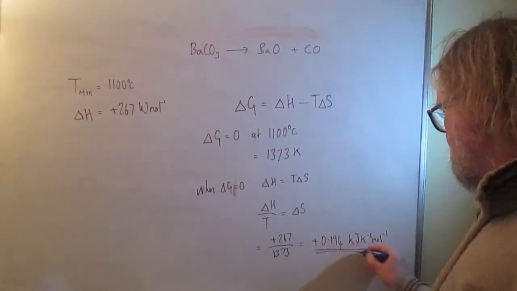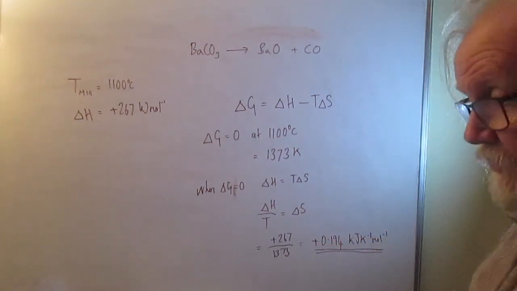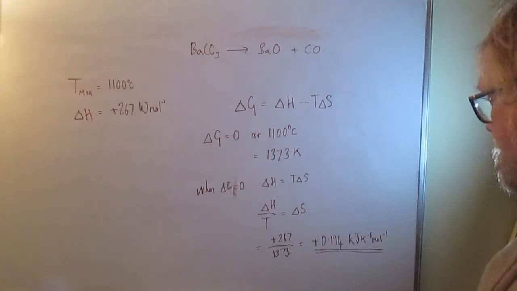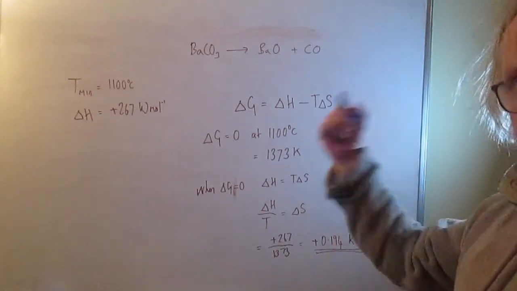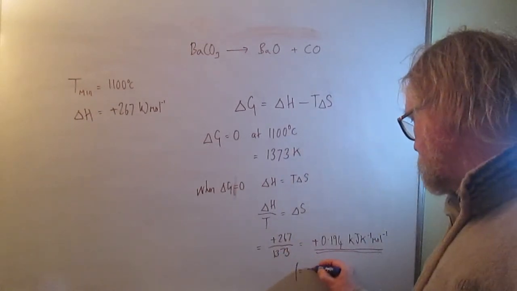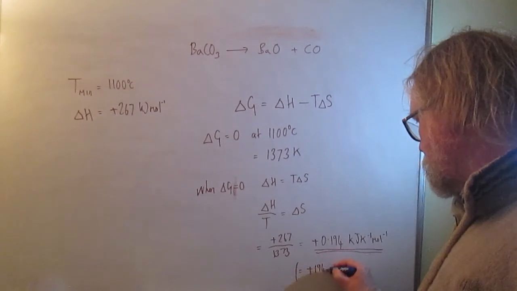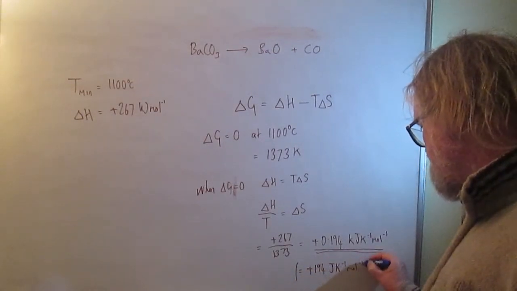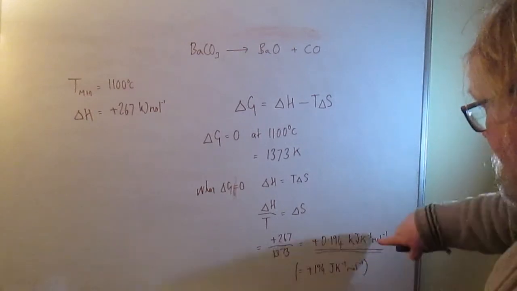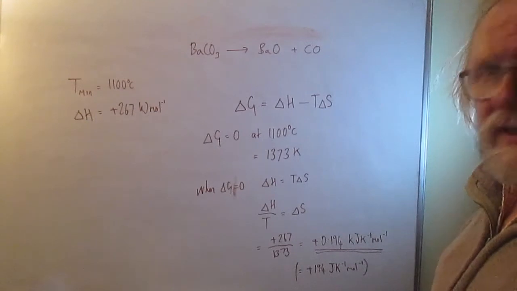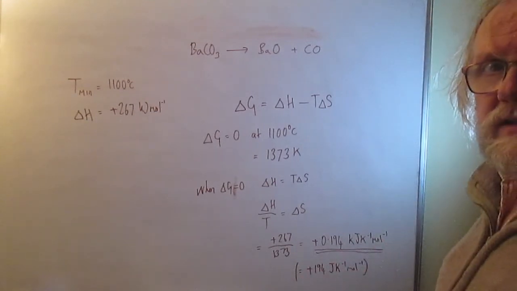So we can leave it like that because it didn't specify what units it wanted, but if it had wanted the normal units, which are joules per Kelvin per mole, remember to go from kilojoules to joules, you multiply by 1000. So that would be equal to plus 194 joules per Kelvin per mole. But there was no need to do that because it didn't specify units. However, you must write the unit down. If you just put the number down, that won't do. It's got to be clear what the units are.